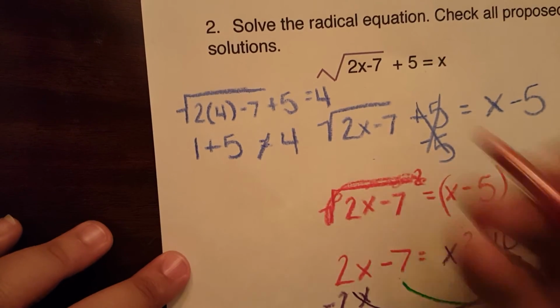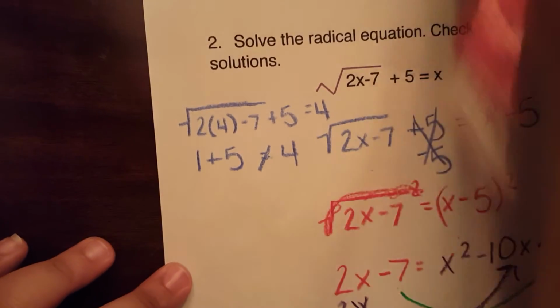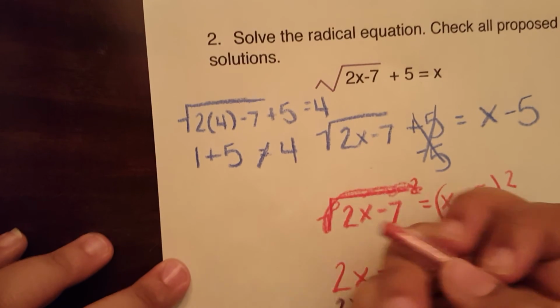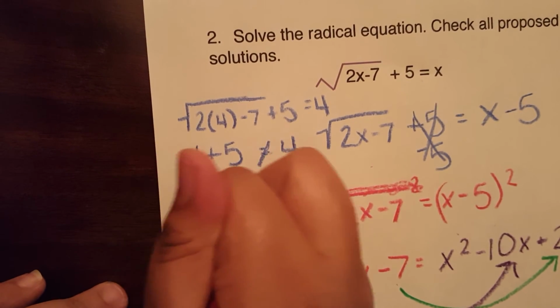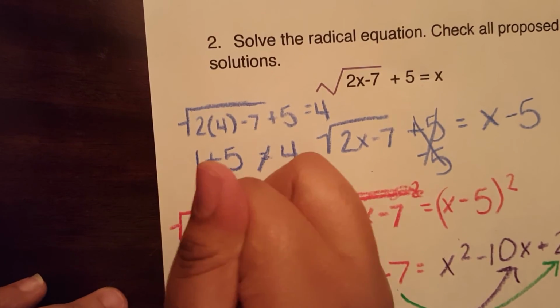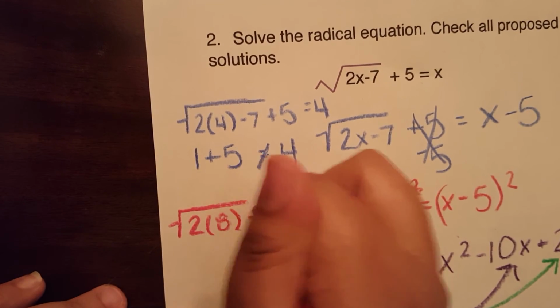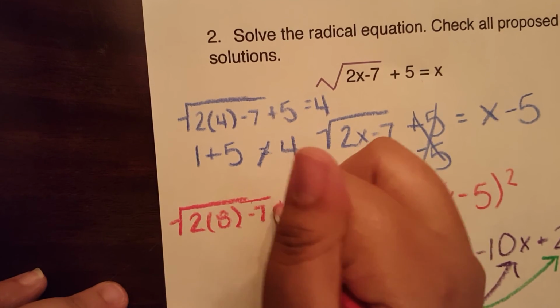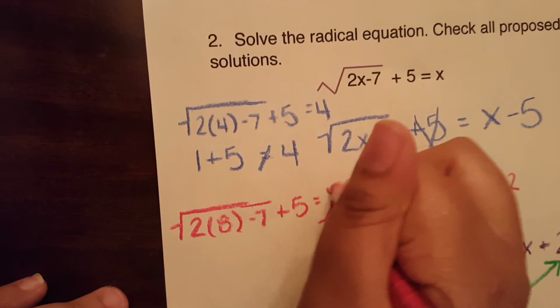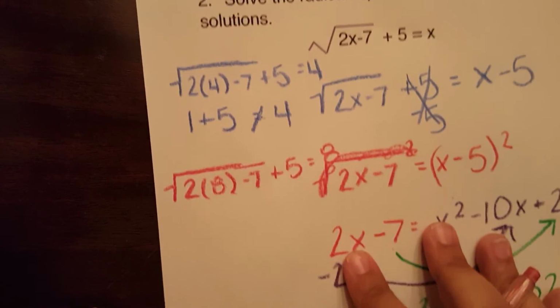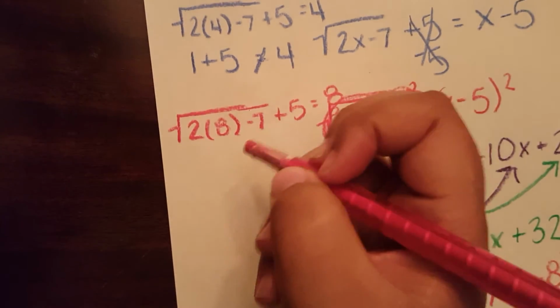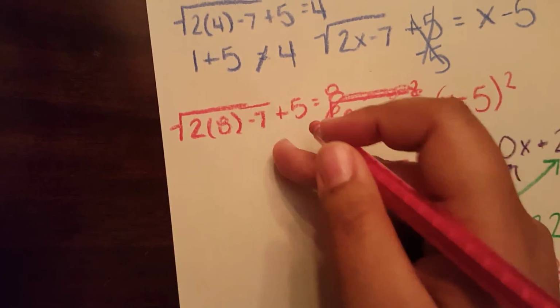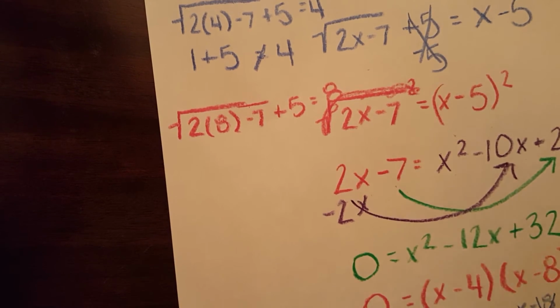So now we're going to go back up here. And so we're going to do the other one. We're going to plug 8 in for x. Okay, so again, you can plug that into the calculator as well.